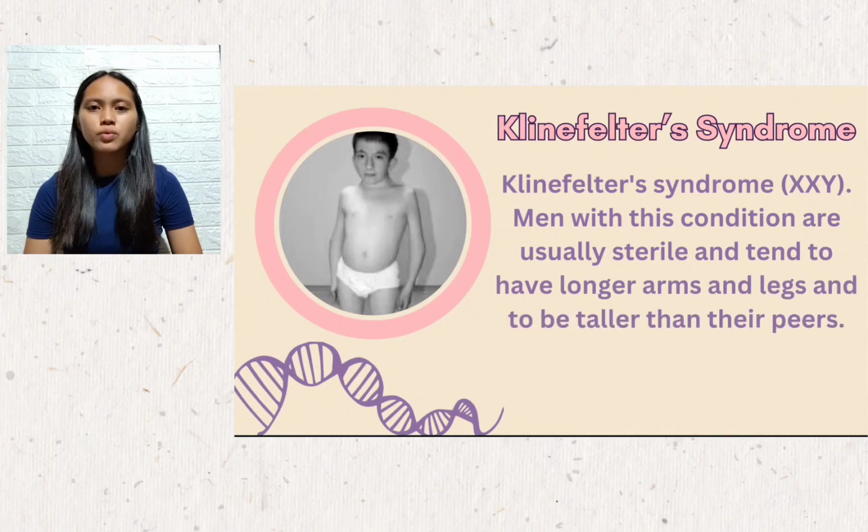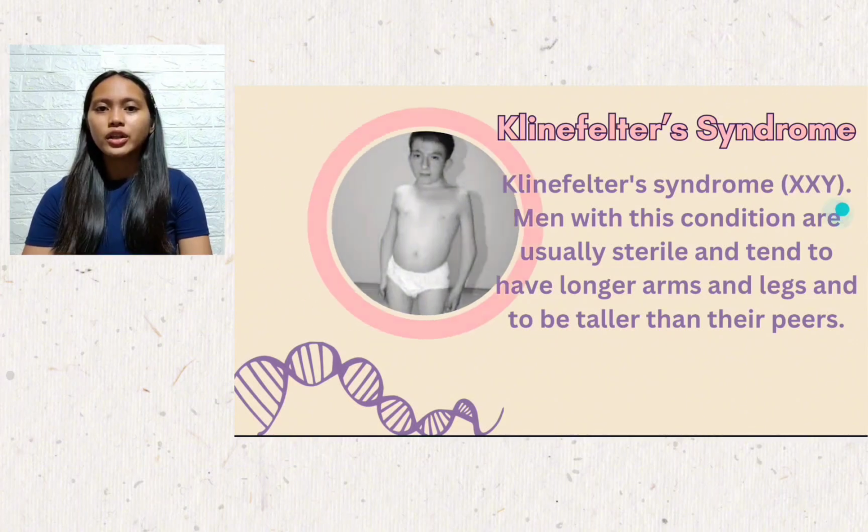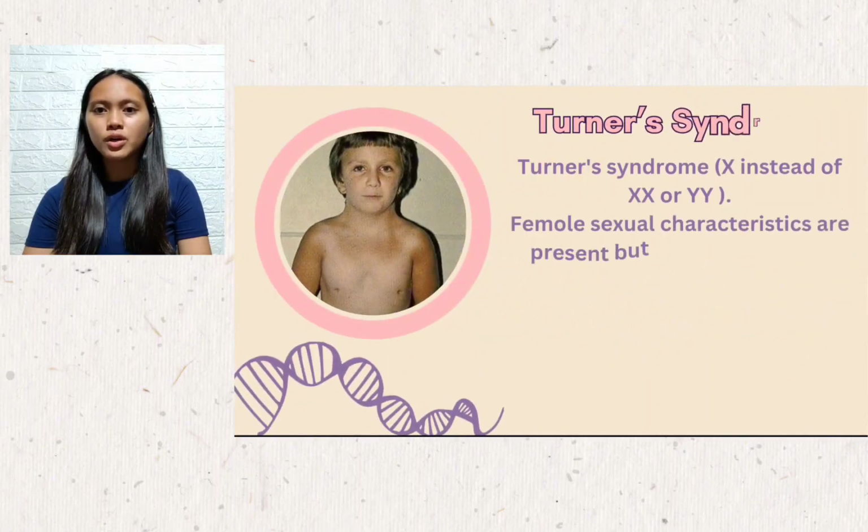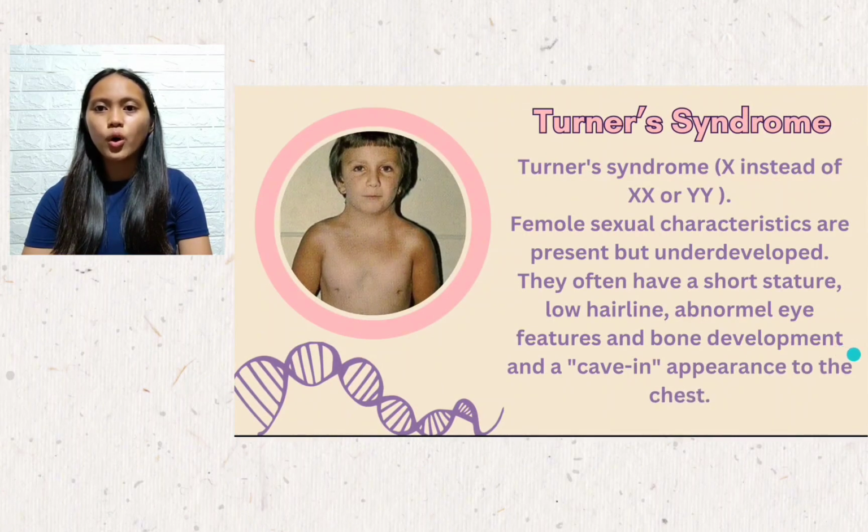Klinefelter syndrome, XXY, is a genetic condition affecting males, characterized by an extra X chromosome which can lead to reduced fertility and other developmental features. Turner syndrome is a chromosomal condition affecting only females, caused by the absence of one X chromosome, leading to short stature, ovarian failure, and other health issues.